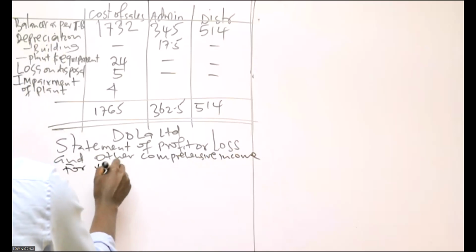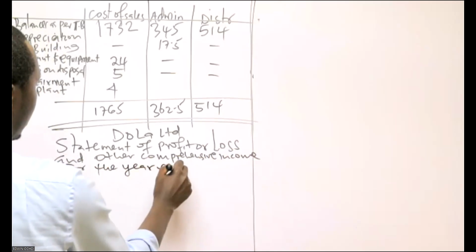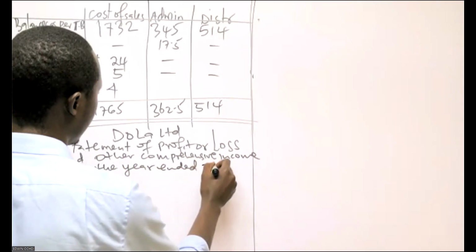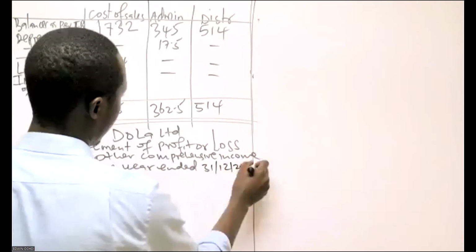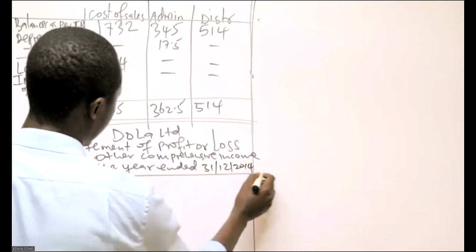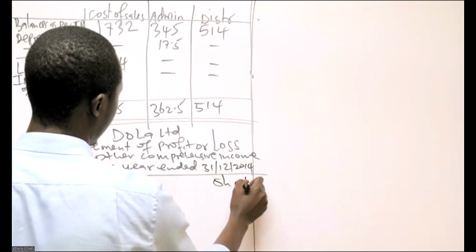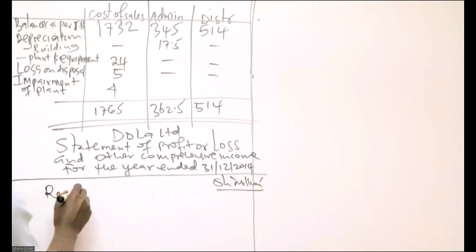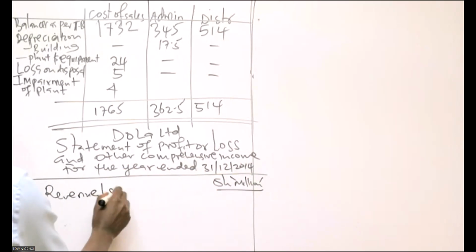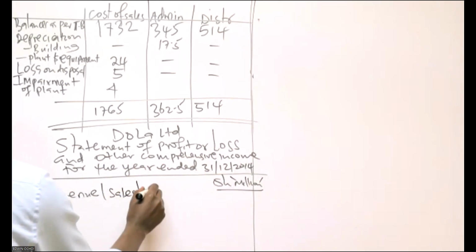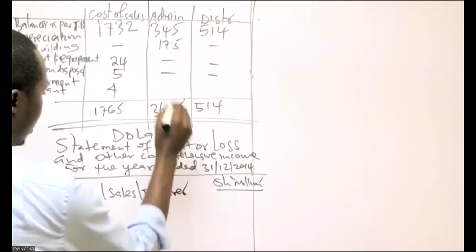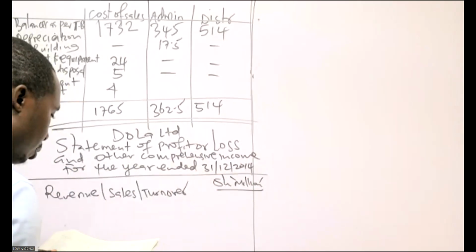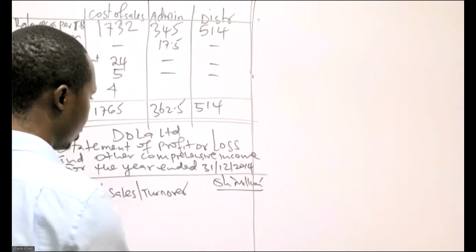So that is for the year ended 31st December 2014. Shillings in million. We start from the revenue, or we call it sales, or we call it turnover. So sales, revenue 2648.